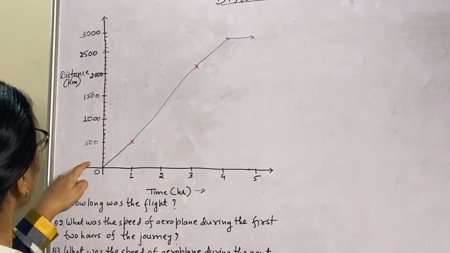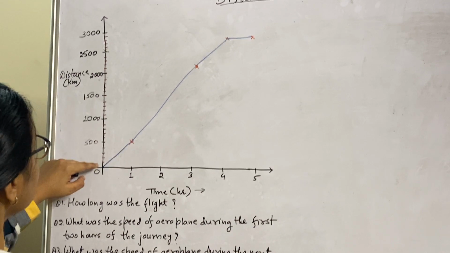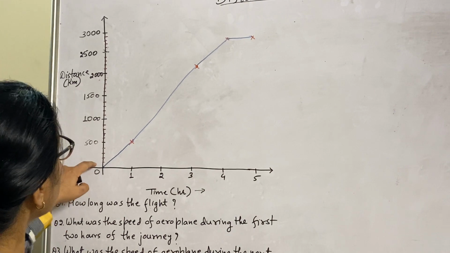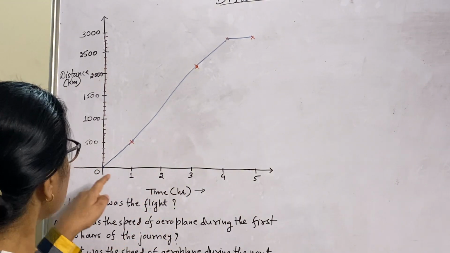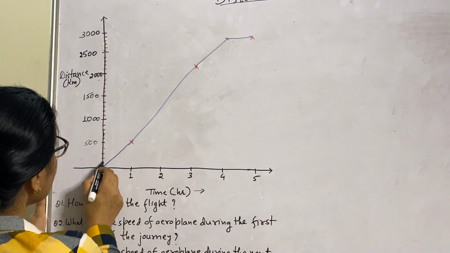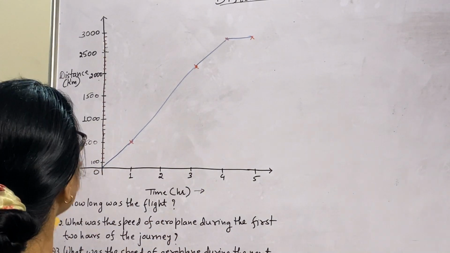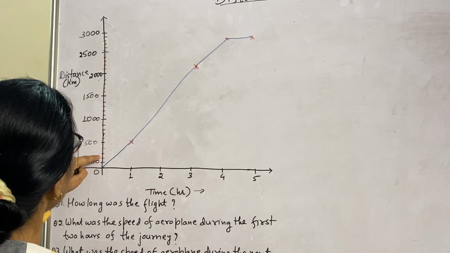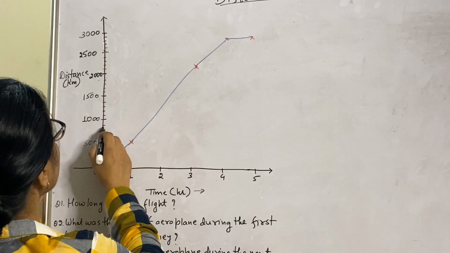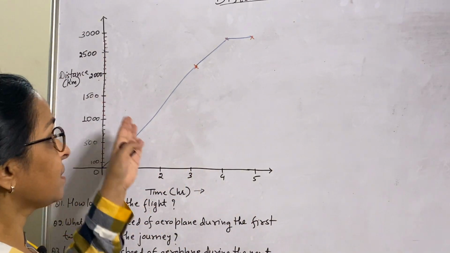This 500 is divided into 5 sections, which means one part is equal to 100 kilometers. In the same way you can see 100, 200, 300, 400, 500, 600, 700, 800, 900, 1000. That is how we will read the y-axis.